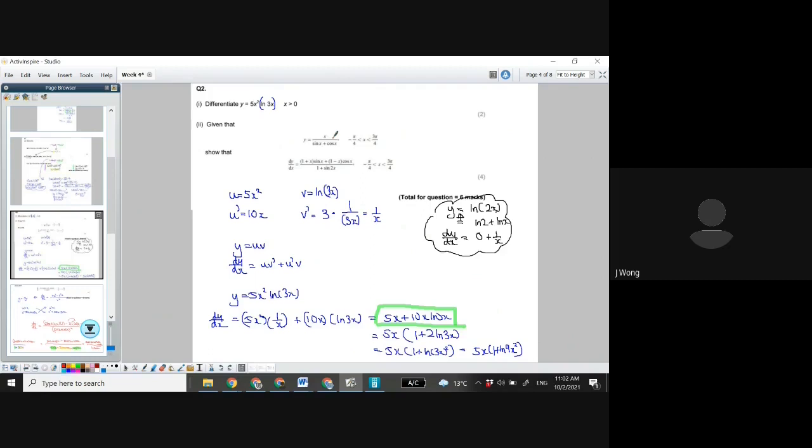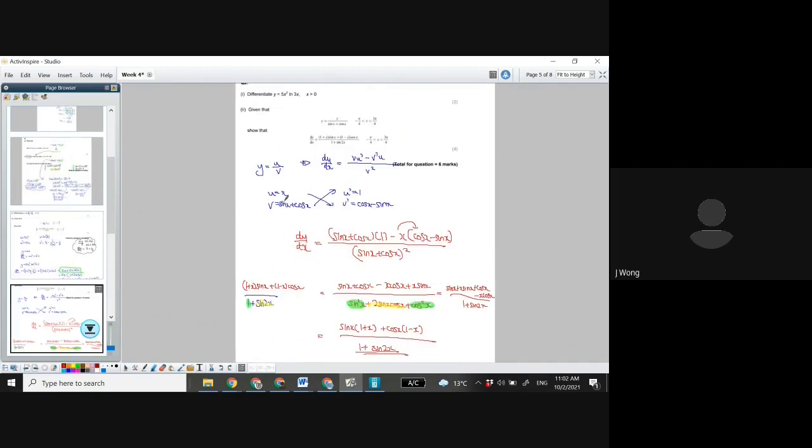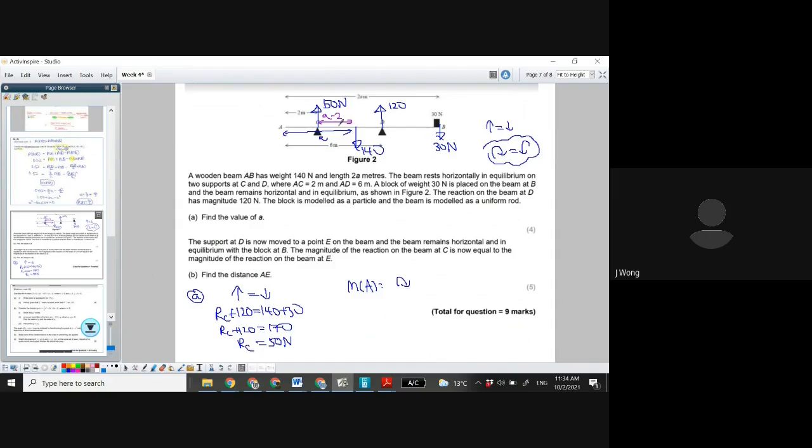For instance, if for the second question, instead of sine x plus cos x, they have sine 2x plus cos x, then yes, in part two, when you're doing the differentiation, that will be changed into 2 sine x cos x for the first term, subtract sine x, where you need to be mindful of the chain.